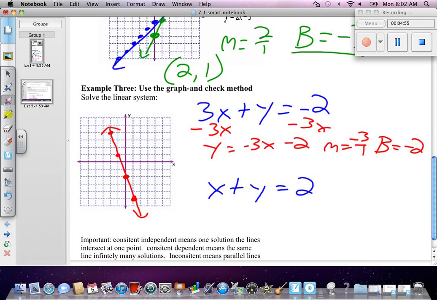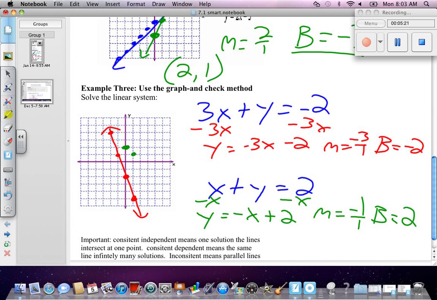Now my second line, I'm going to subtract x from both sides to get y by itself. What is my m and my b? Negative 1 over 1 is my m because there's nothing in front of x, so we know it's 1. And my b is 2. So I put my first dot at 2.